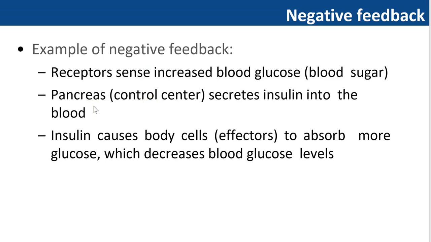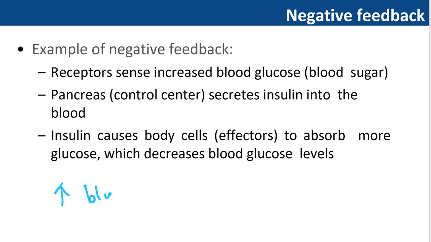The pancreas secretes insulin, the hormone which is released into the blood. The function of insulin is to decrease blood sugar. Insulin causes body cells, which are our effectors, to absorb more glucose, and in this way they decrease blood glucose level. What was our stimulus?